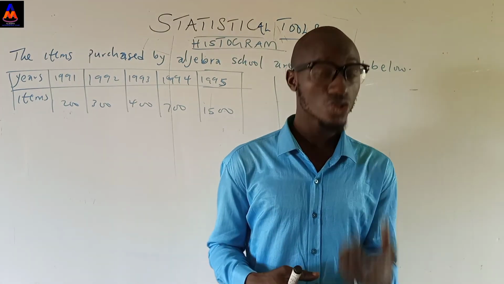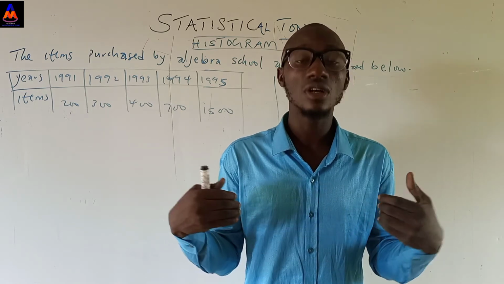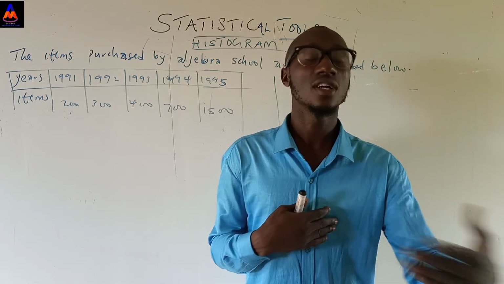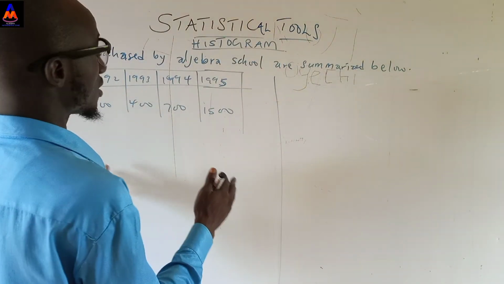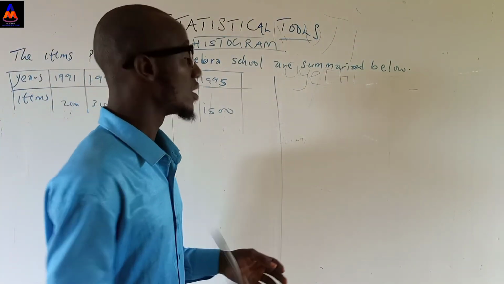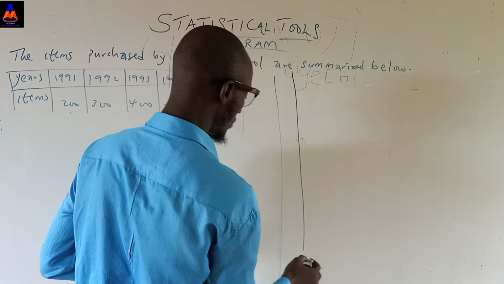Each of the bars that you construct in a histogram must be combined. They have to be enclosed rather than being spaced like we have in a bar chart. So using the same example, we represent our data with a histogram, with the same representation that we have dealt with before.